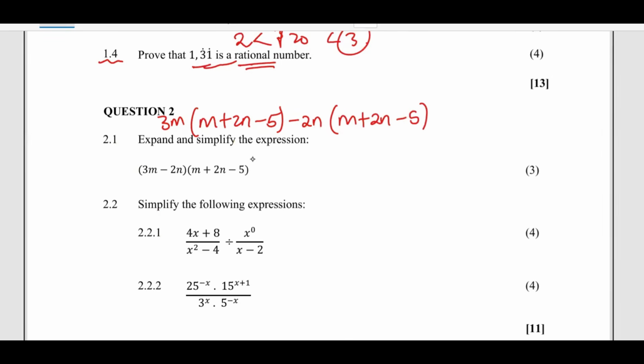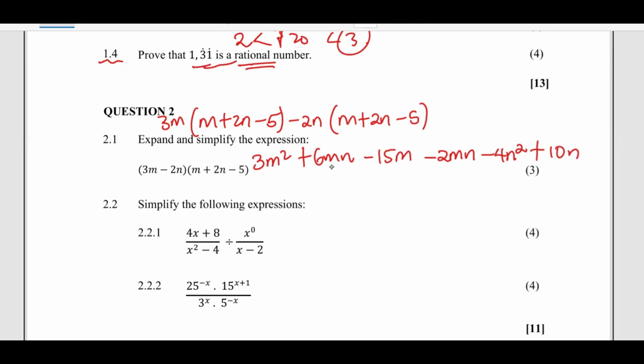So 3m and m is going to be 3m squared. 3m and 2n is going to be 6mn. 3m and minus 5 is going to be negative 15m. Minus 2n and m is going to be minus 2mn. Minus 2n and 2n is going to be minus 4n squared. And then minus 2n and minus 5 is going to be a positive 10n.